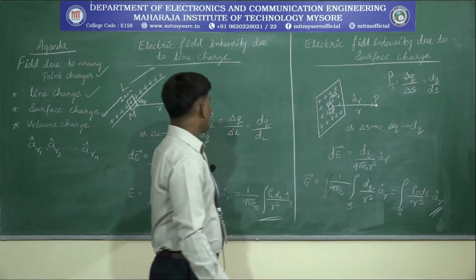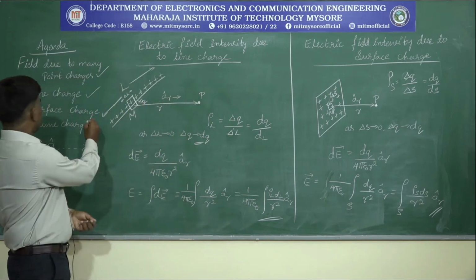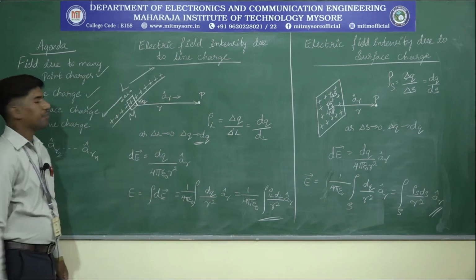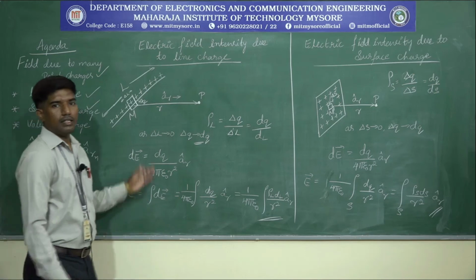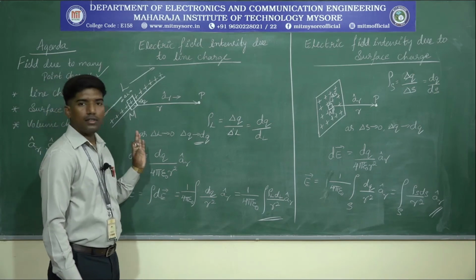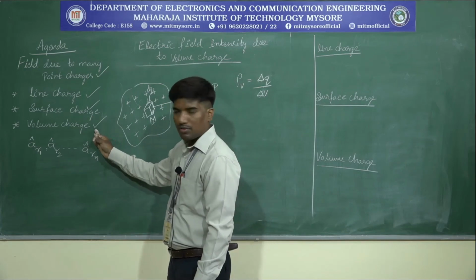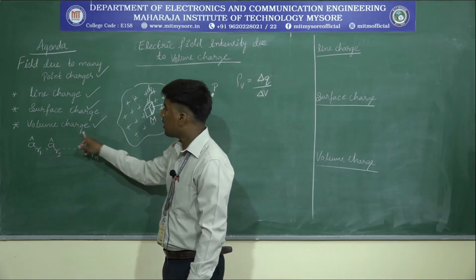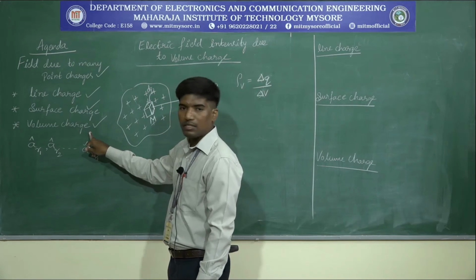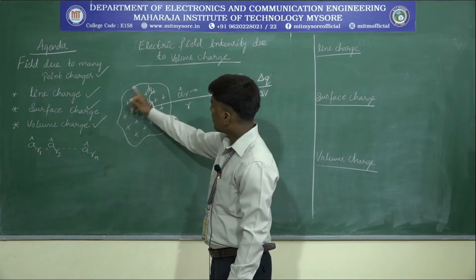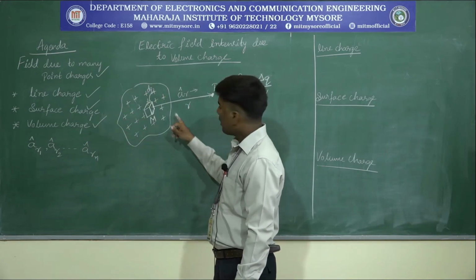Understood? These are the two mathematical models for line charge and surface charge field intensity. Got it? Okay. Continue to the last topic of this session, that is volume charge distribution. So consider the finite area under this.